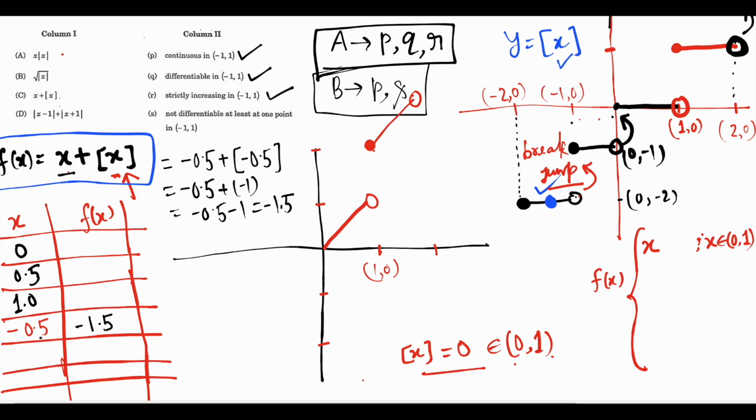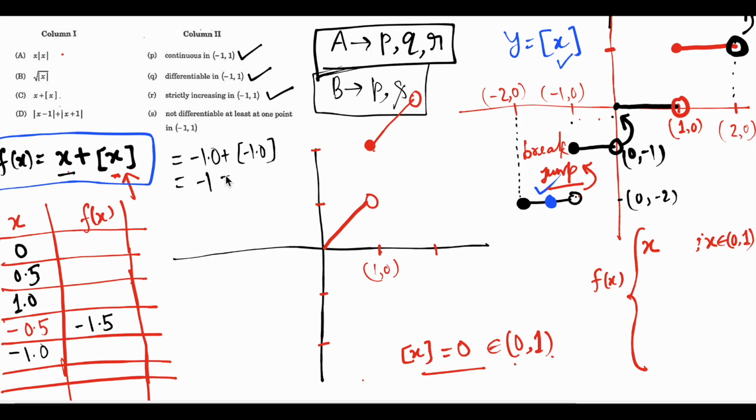The floor function gives minus 1 between minus 1 and 0, and that's an interesting property of the floor function, because the floor function is again giving a constant value which is going to add with the straight line function x in our function f of x. So just another point, for instance, for minus 1.0 the function f of x will be minus 1.0 plus floor function minus 1.0, which is equivalent to minus 1, which is equal to minus 2.